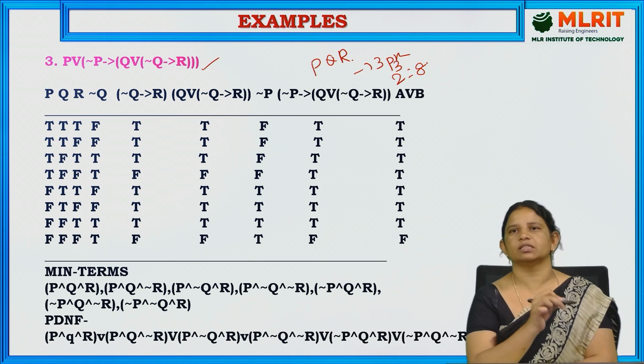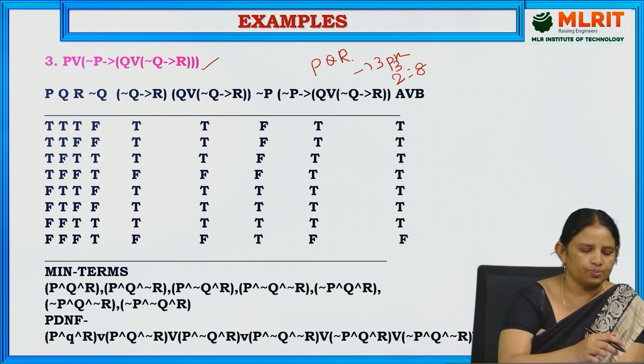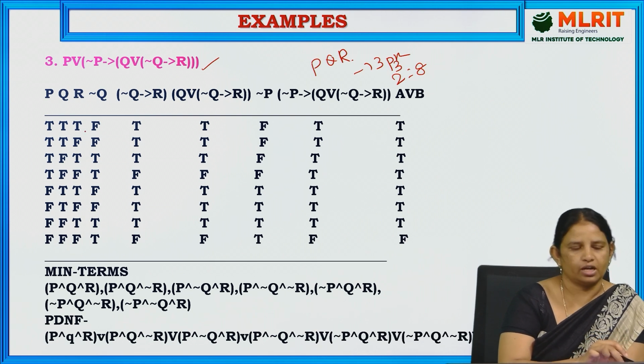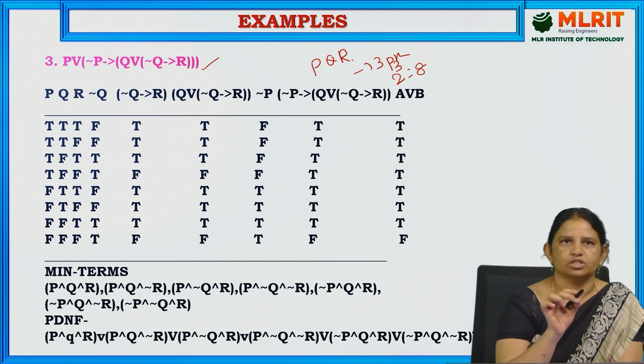The combinations are: true true true, true true false, true false true, true false false, false true true, false true false, false false true, false false false.